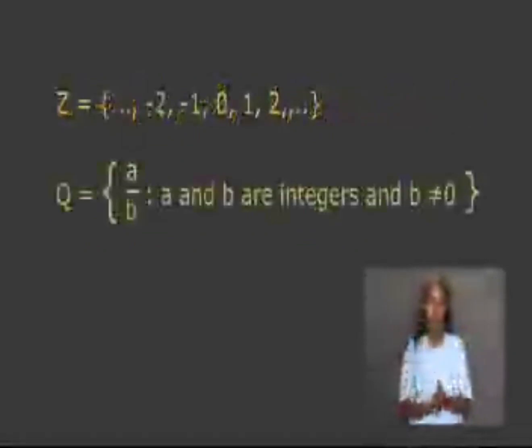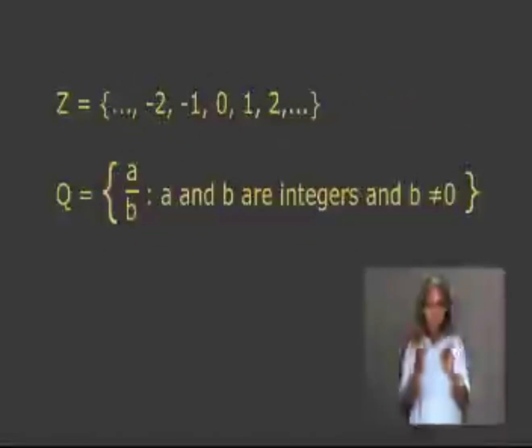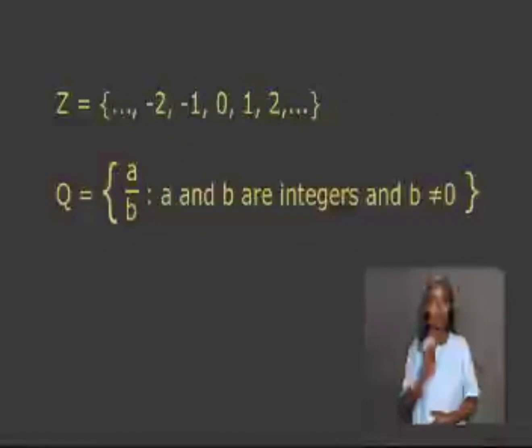The set of rational numbers includes any number that can be expressed in the form A over B, where A and B are integers and B is not equal to 0.